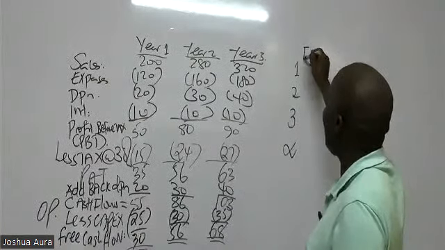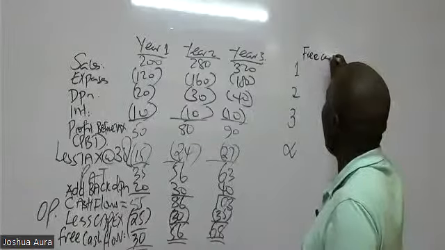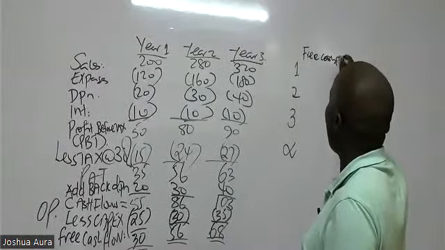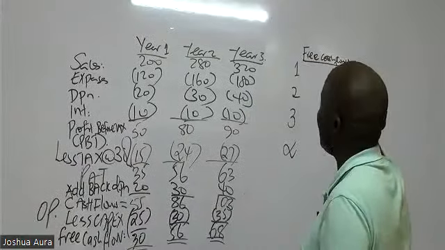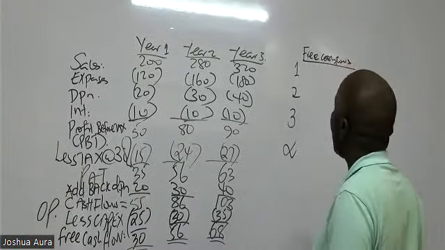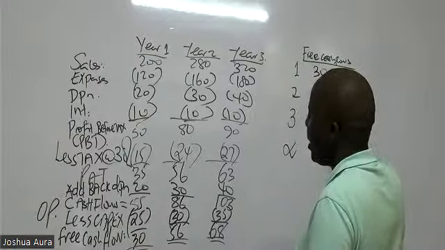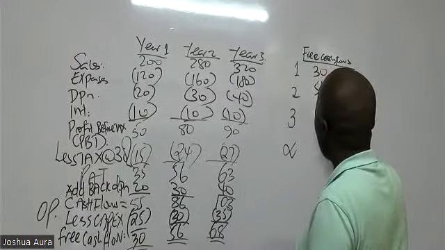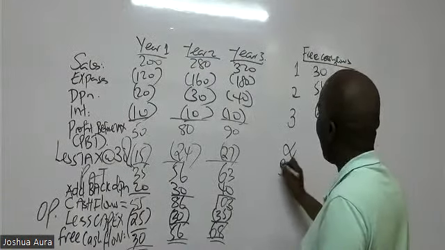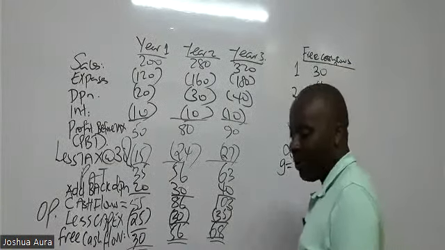Free cash flows are the ones we use for valuation purposes. For valuing target companies, we shall be using free cash flows. So we have 30, 56, and then 68. And then these guys have given us a growth rate into perpetuity.